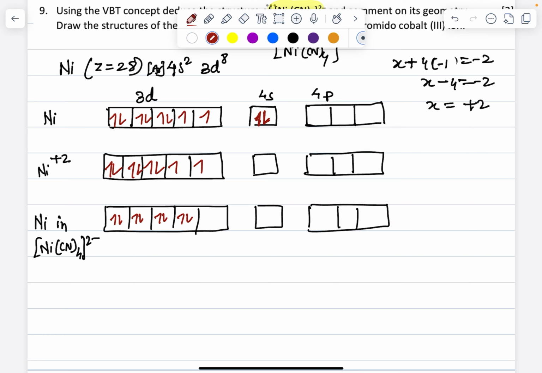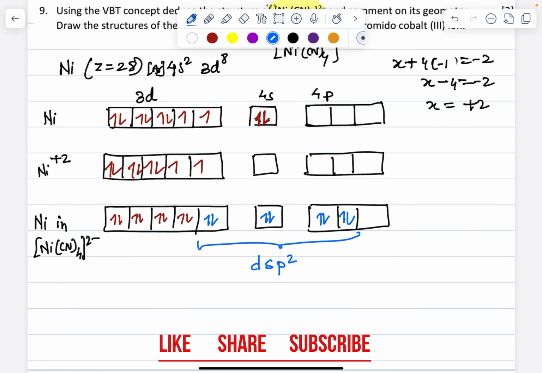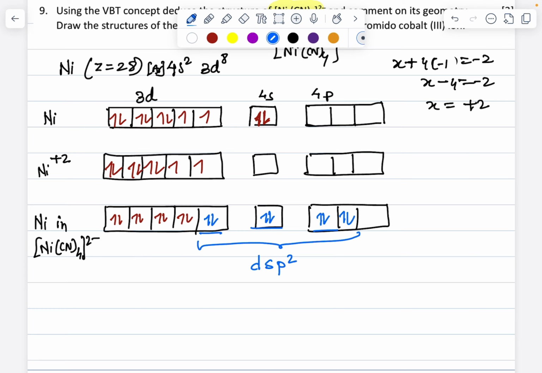So there are 4 ligands of the cyanide: 1, 2, 3, 4. So the hybridization over here becomes dsp2. This is the hybridization: one orientation of d, one orientation of s, and 2 orientations of p.